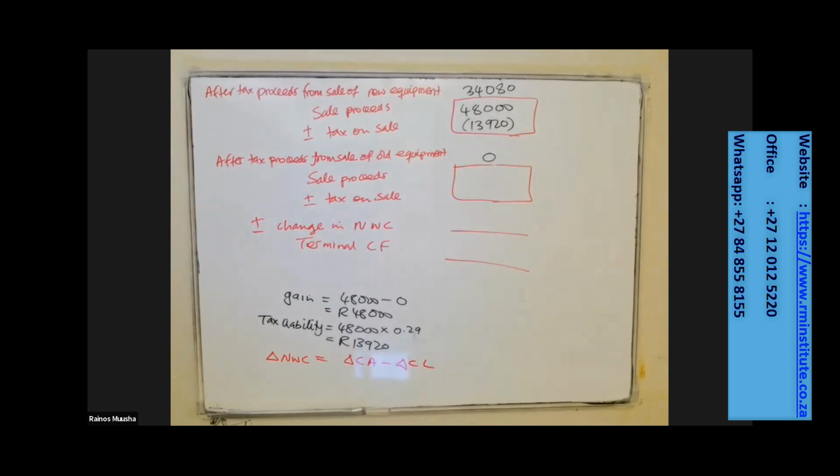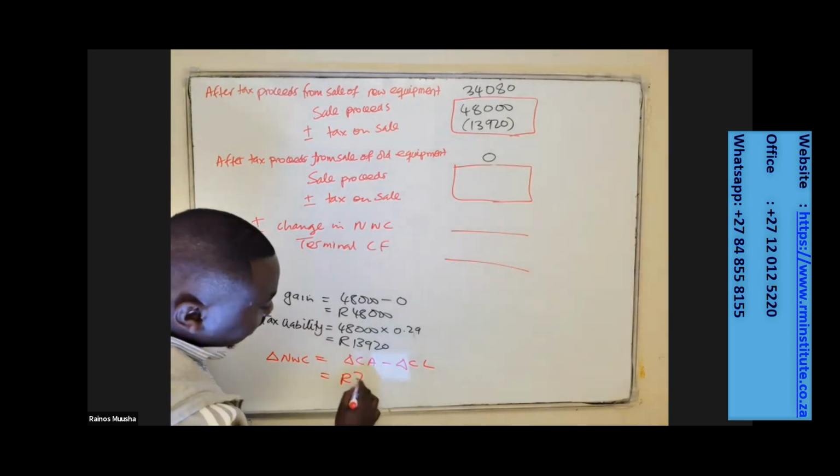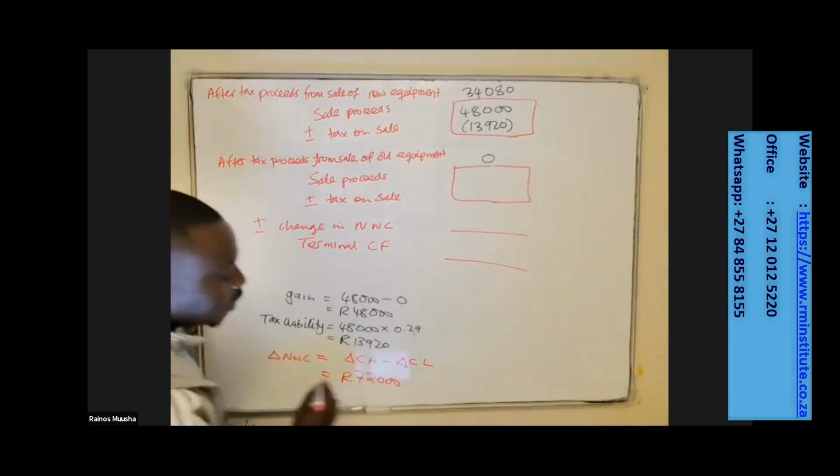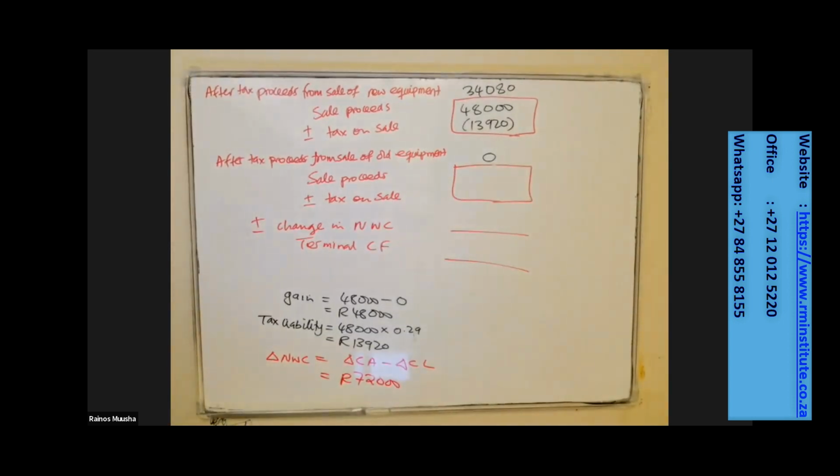Initially, there was an increase in net working capital, which was equal to an amount of 72,000. So please take note.